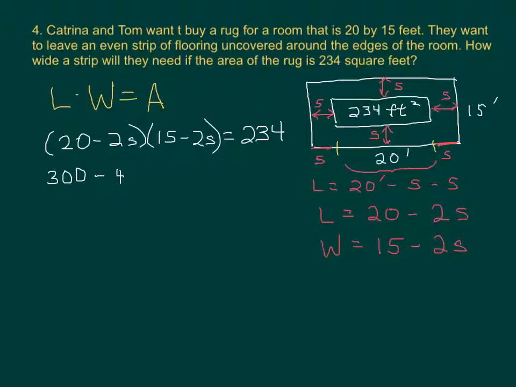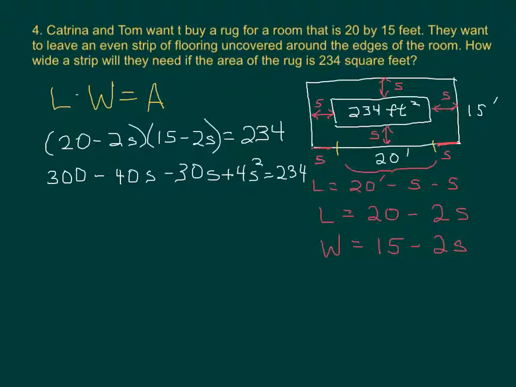So we get minus 40S. And then we do the inner terms, negative 2S times 15, and that gives us minus 30S. And then we do the last terms, minus 2S times minus 2S, which gives us a positive 4S squared.